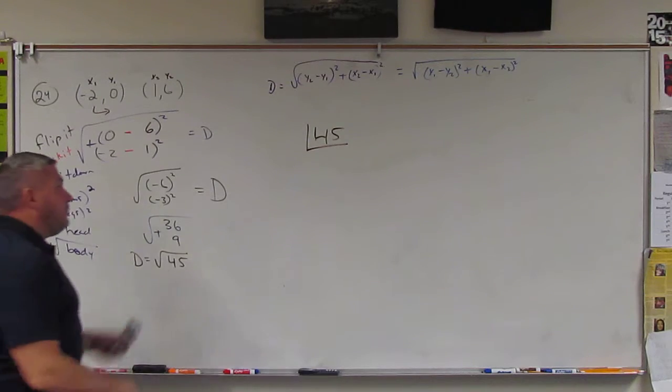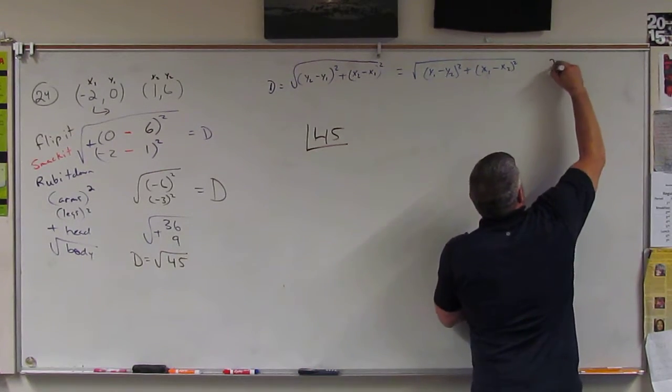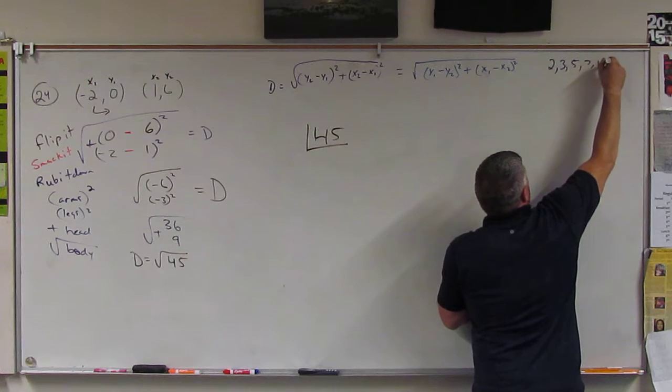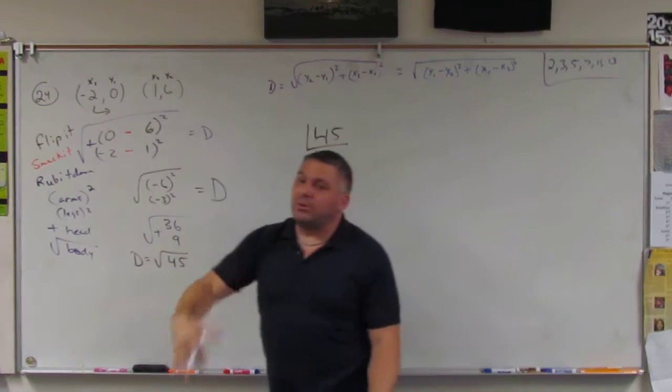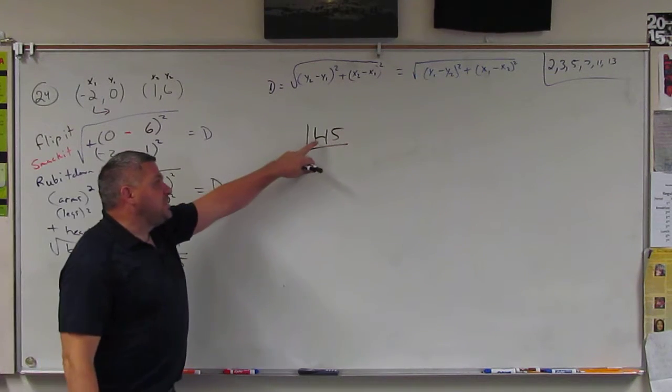Right? So we're going to use what's called prime factorization. Okay? 2, 3, 5, 7, 11, 13. Those are your main primes. Those should be in your cheat sheet. Okay? Those are your main primes. Okay? And you're going to use them to break this down.